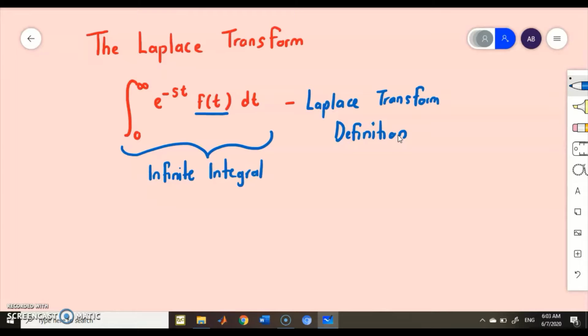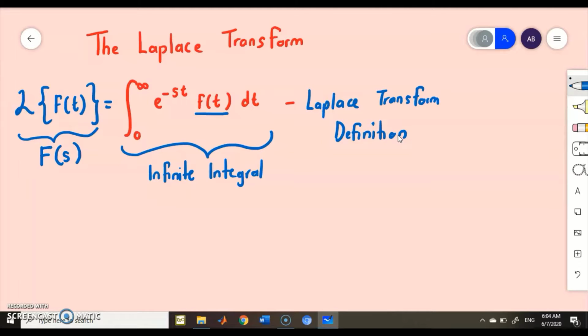So here you have to use a limit. When you write this transform, we say the Laplace transform of f(t) is given as this. So f(t) will transform to a big F(s).